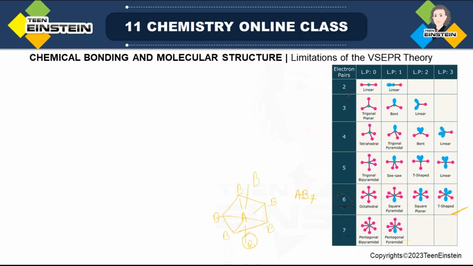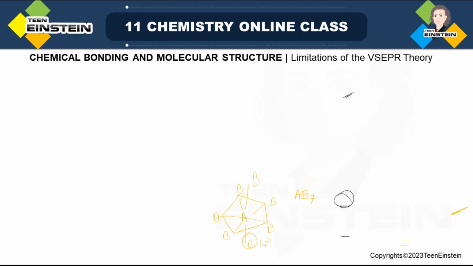So this position is now vacant. If there is a lone pair, the remaining positions are just the pentagon and one pyramid, not a bipyramid. Remember trigonal bipyramidal, so it is just like that. Now it is pentagonal bipyramidal. That is the difference. In this slide, basically we will discuss the limitations of VSEPR theory.